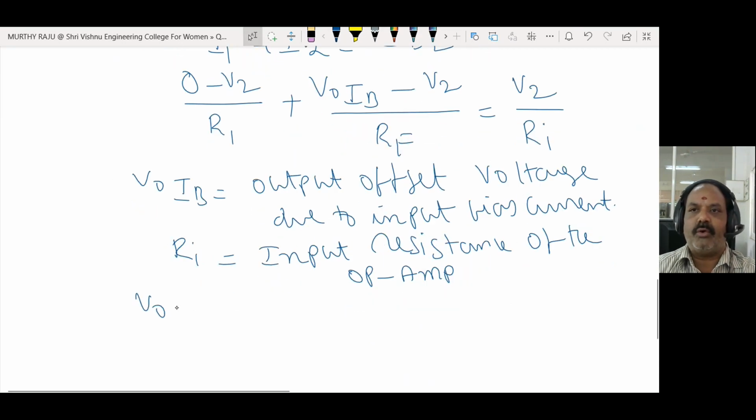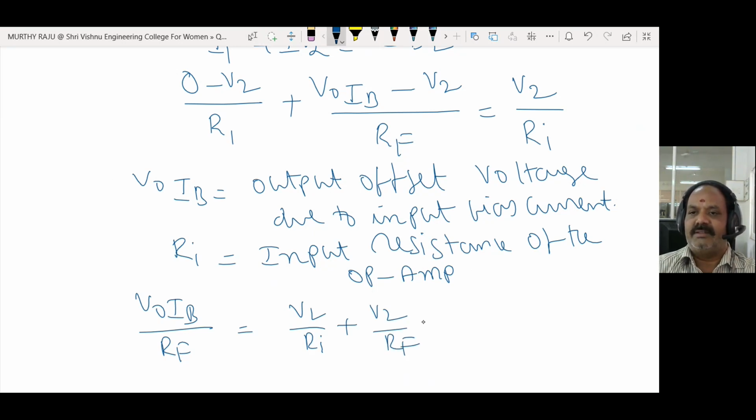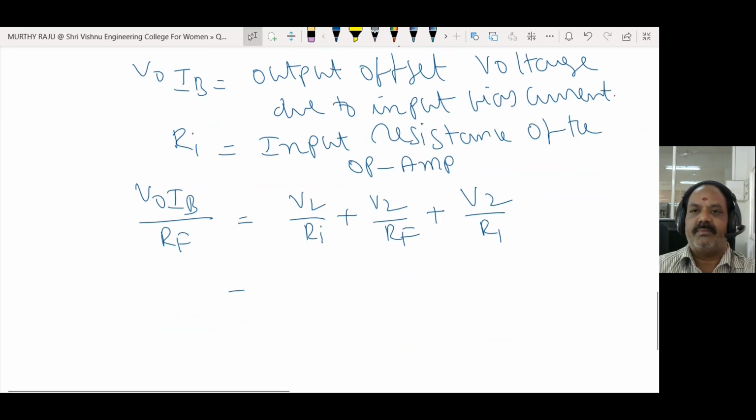Therefore, VOIB, the output offset voltage due to input bias current, is equal to V2 by Ri minus V2 by RF from this expression. Bringing these terms to the right hand side, V2 into 1 by Ri plus 1 by RF.